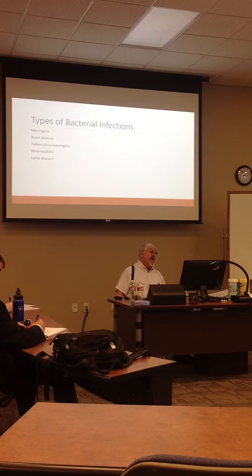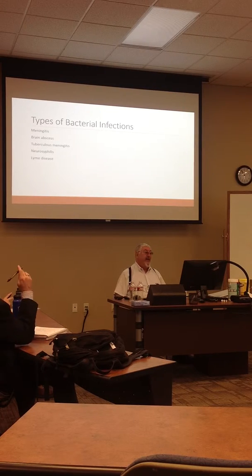Okay, brain abscess could be from various things. AIDS patients often get cryptococcus meningitis. Cryptococcus is a fungus, and that fungus forms a little ball in the brain. That's pretty nasty. Tuberculosis could be in any organ in the body, including the brain.